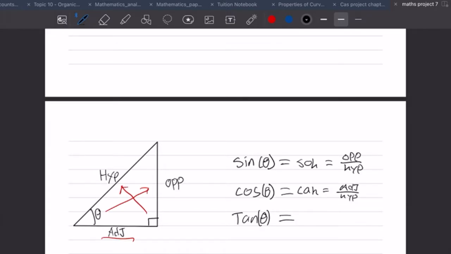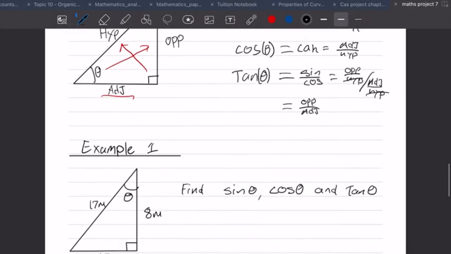And then tangent is sine over cos, which is opposite over hypotenuse divided by adjacent over hypotenuse, and the hypotenuse will cancel out, so that means tan theta is equal to opposite over adjacent.